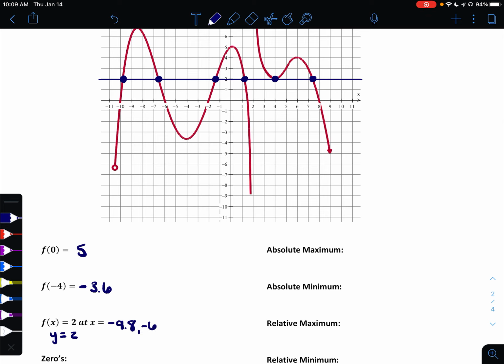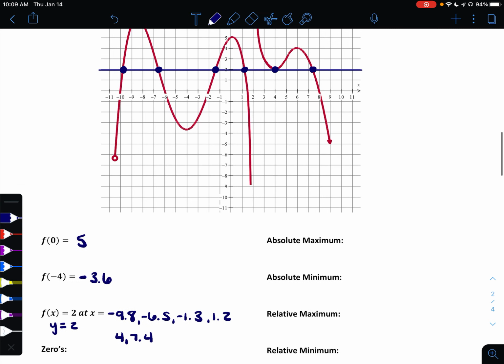Let's say maybe -6.5 for the second one, and -1.3 maybe for the third one, 1.2-ish for this fourth one right here. This guy looks like about 4. And then our last one out here, maybe 7.4. And I'm just estimating. If your decimals are a little bit different from mine, that's of course 100% okay, as long as you're close. Okay.